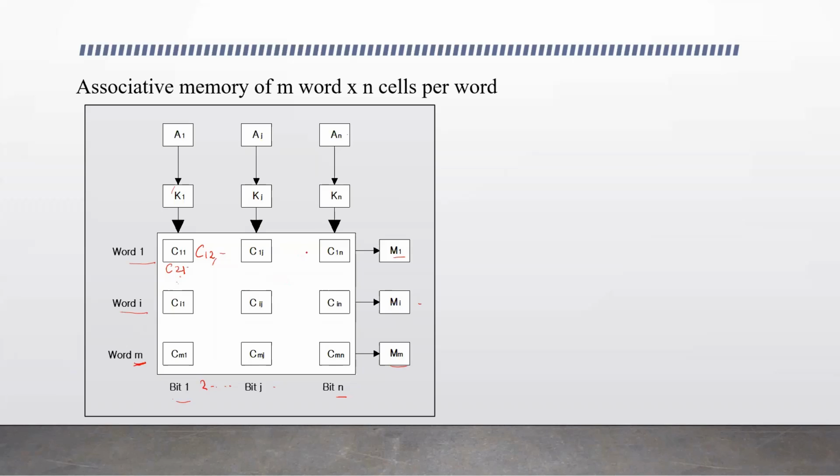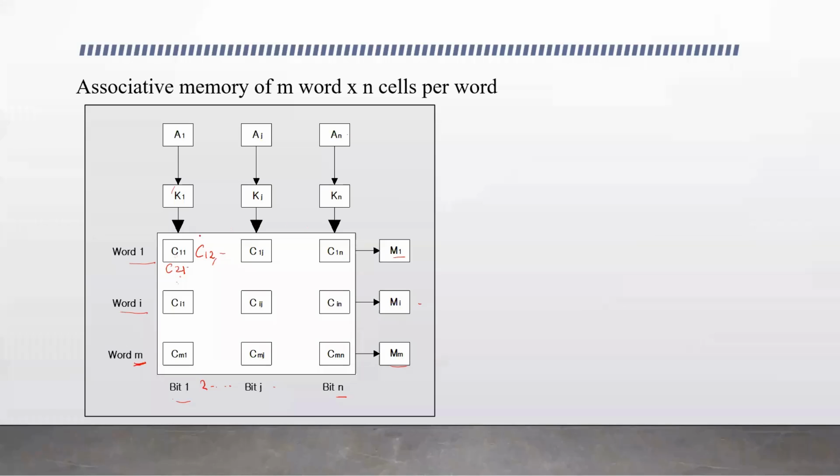This search is repeated for all the words in memory. Each bit in the argument register, A1, A2, etc. up to An, is compared with the corresponding bits in word 1, C11, C12, etc. up to C1n.